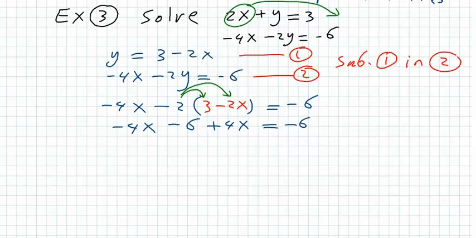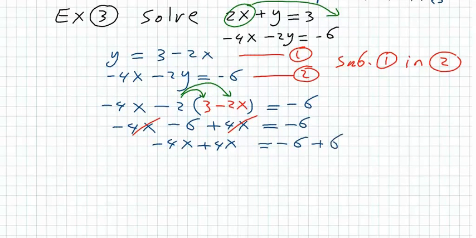As you can see, minus 4x plus 4x will be 0. And when you take minus 6 to the other side, it will be plus 6. You will have on both sides 0 equals 0.